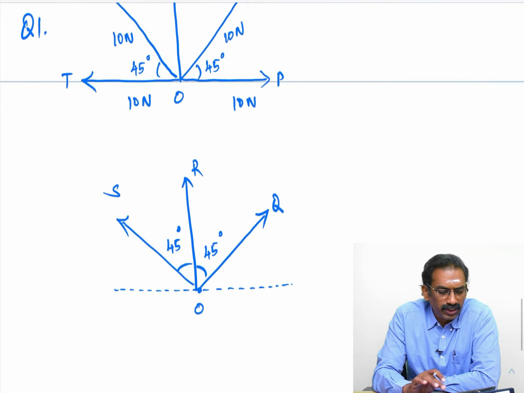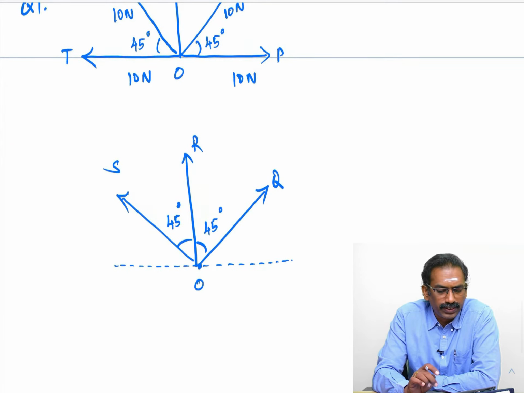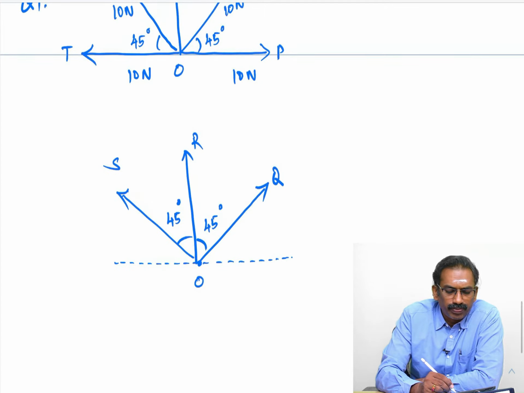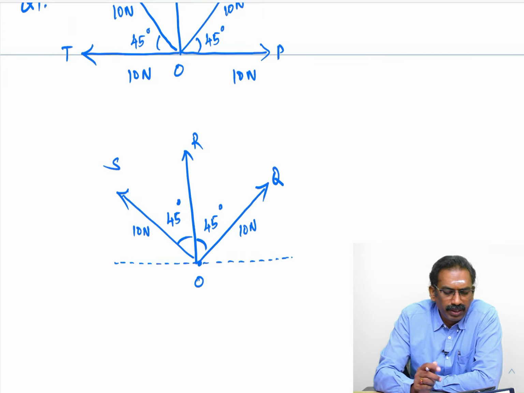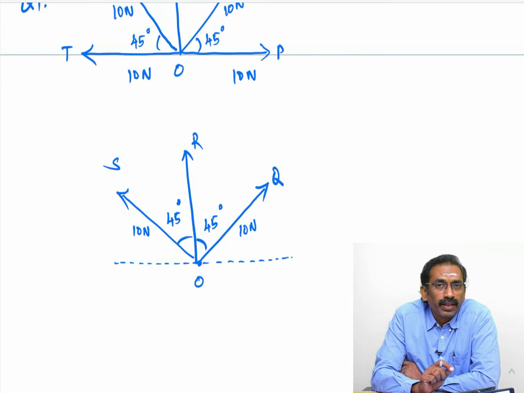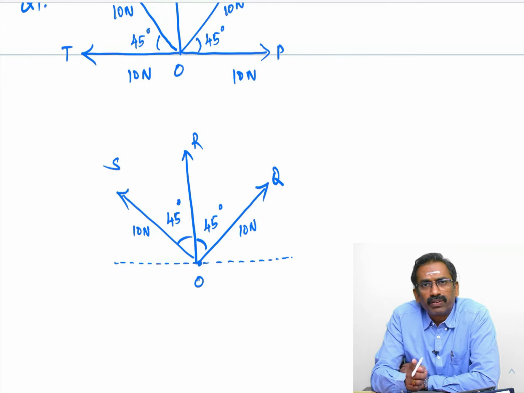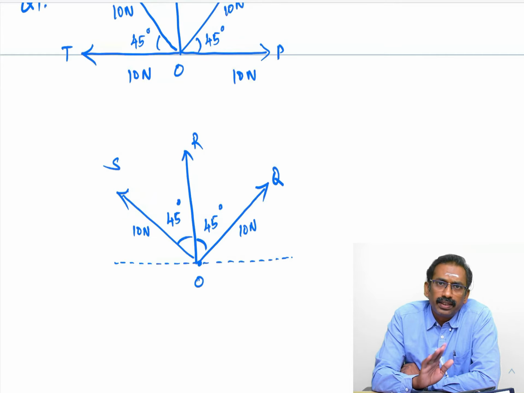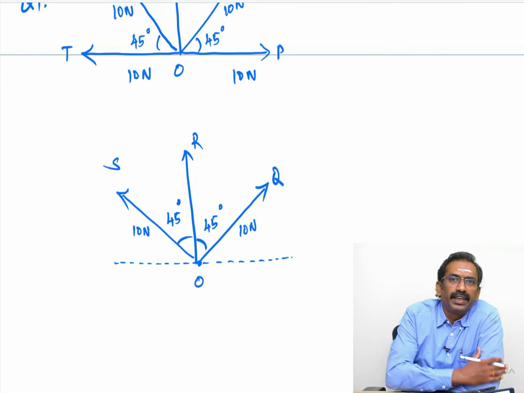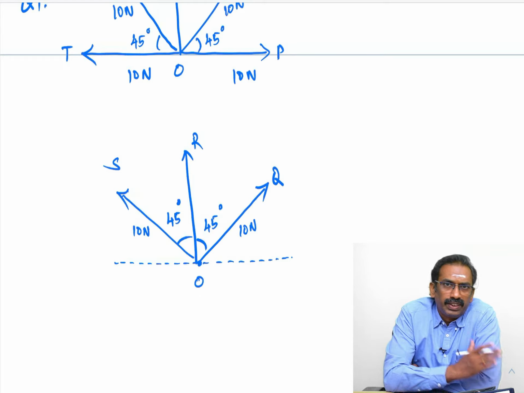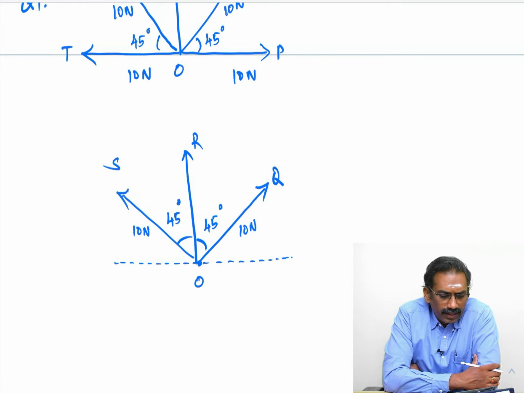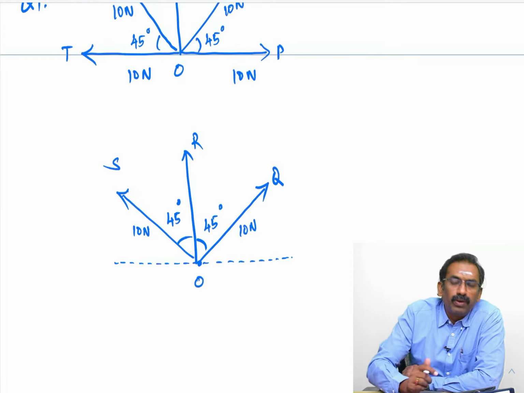Let us talk about these two vectors, OQ and OS. These are equal in magnitude, 10 Newton and 10 Newton. Angle between them is 90 degree. So, resultant of these two vectors is equal to root 2 times any one of the magnitudes. That resultant will bisect the 90 degree angle. If it bisects the 90 degree angle, it will be along OR vector.